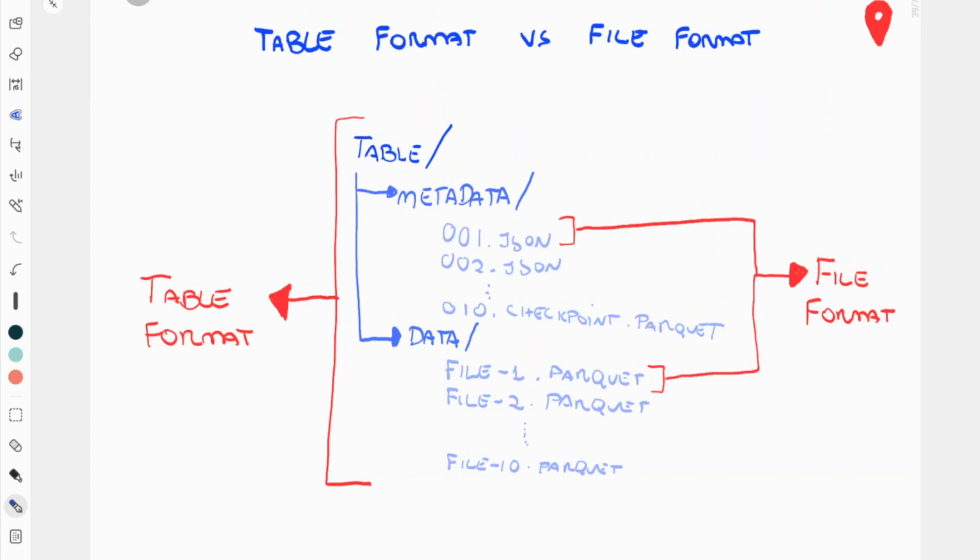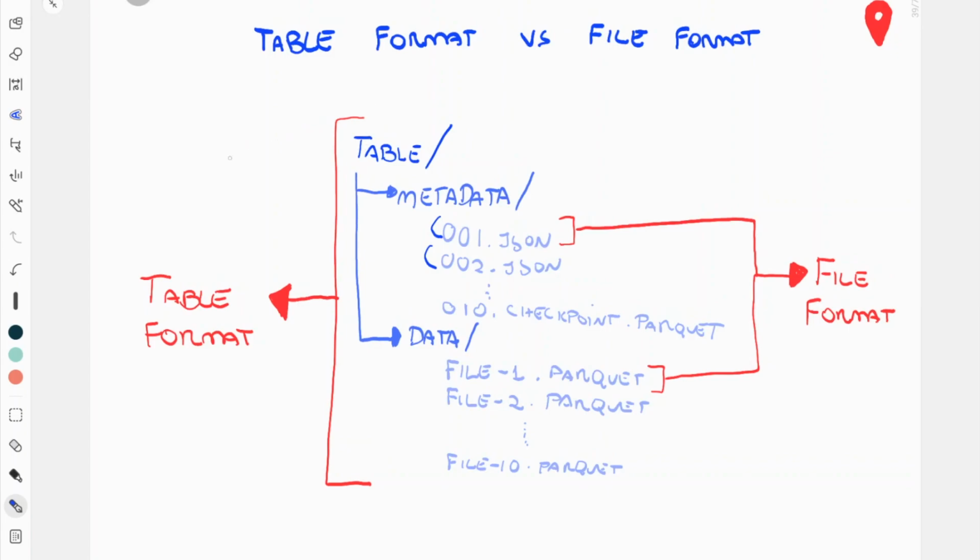For each ACID compliant transaction, for each insert, you have a file with all the transactions executed on the data, and you have the data here. You don't have it exactly like this; depending on the table format framework, you have different kinds of partitioning, but this is only an example. The table format consists of the table, metadata, and its data.